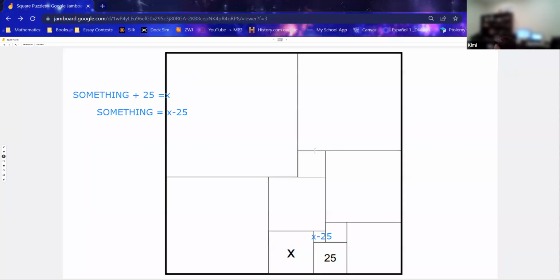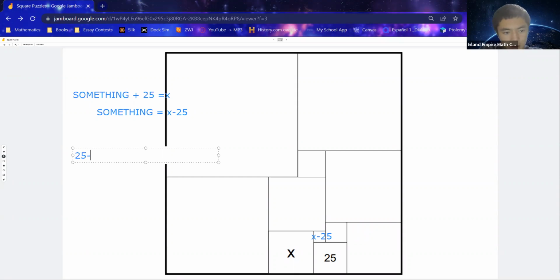X minus 25 plus something. Well, it would be 25 minus X minus 25, right? No. Well, if you guys aren't super familiar with algebra, you could write it out, and you would get something that looks like this. How did you get 50?